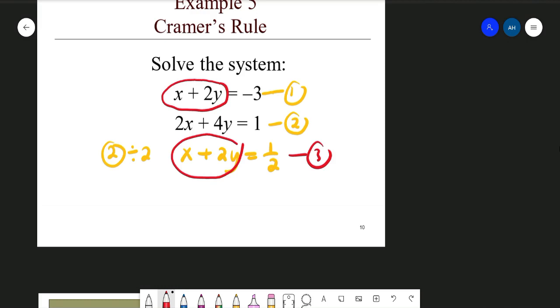But the right hand side, they are not the same. Here we have negative 3, here we have 1 over 2. Meaning these two equations have the same slope, but intercept the y-axis at different points. What I mean to say is these two lines are parallel, meaning they don't have a solution.